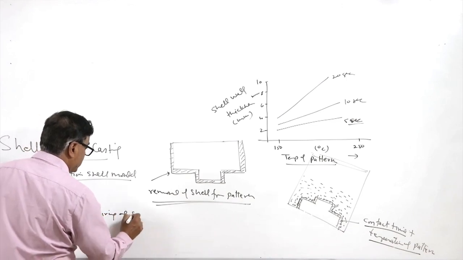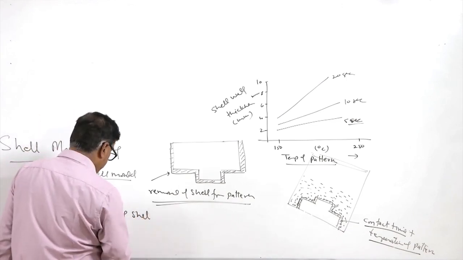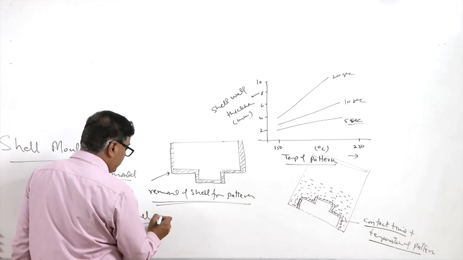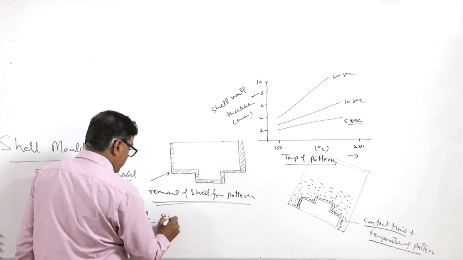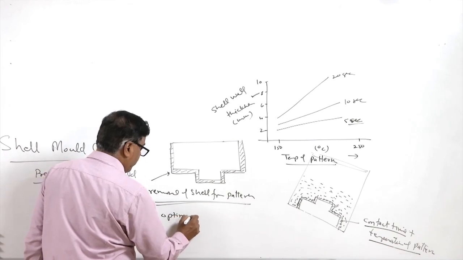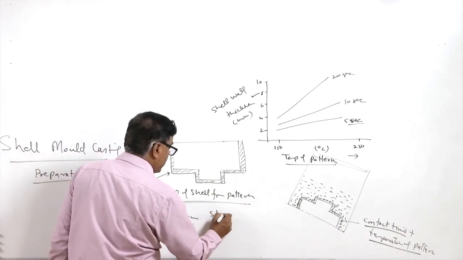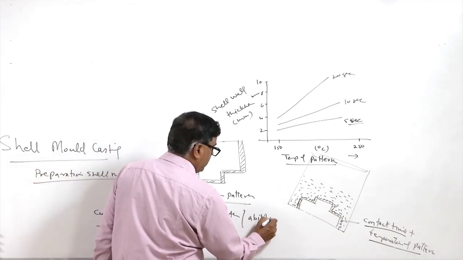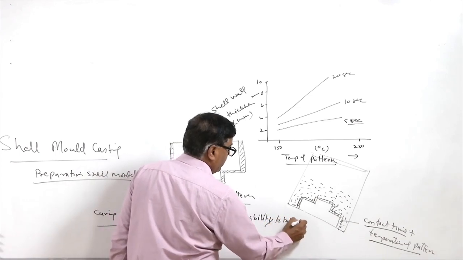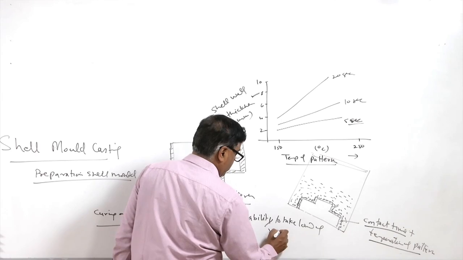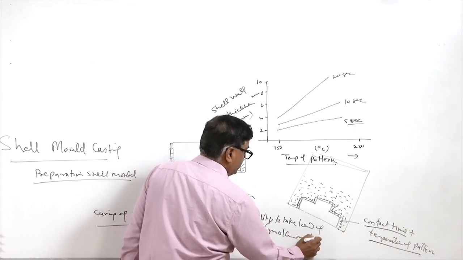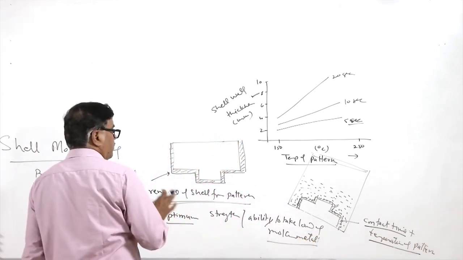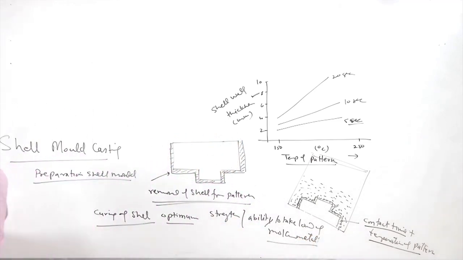So, curing of the shell is performed in order to provide sufficient properties. Curing of the shell is to be done in an optimum manner, so that it gets the desired strength and the ability to take the load of the molten metal. So, the ability to handle the metallostatic pressure is achieved through the proper strengthening of the shell.